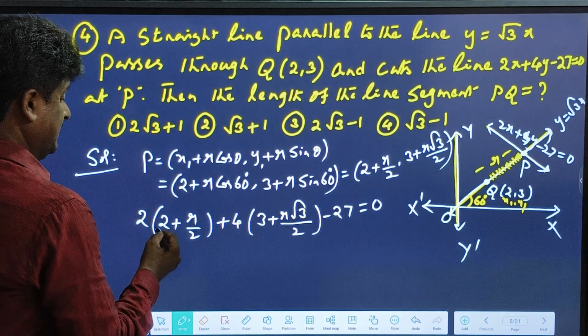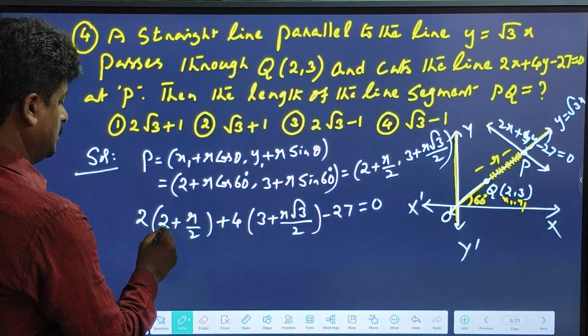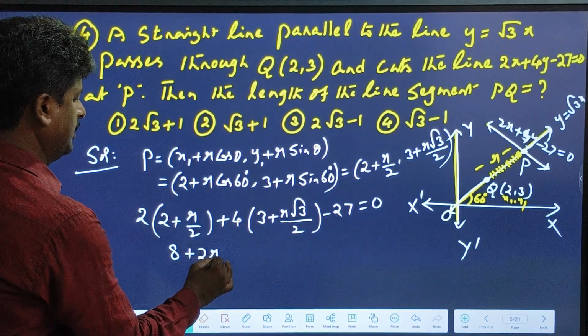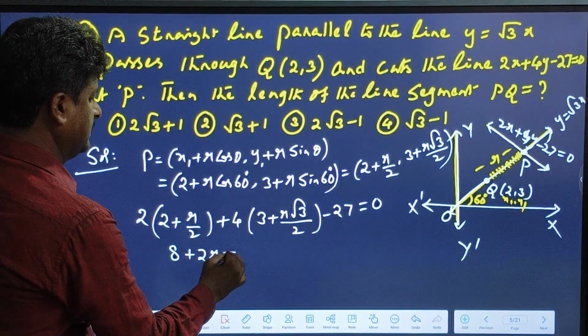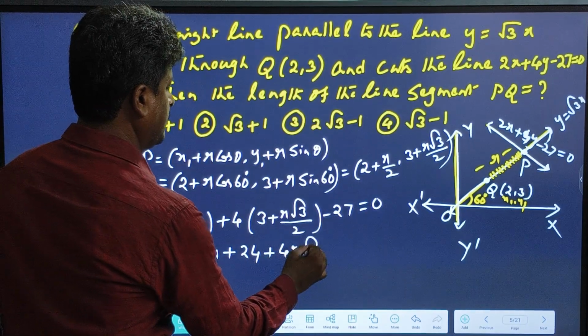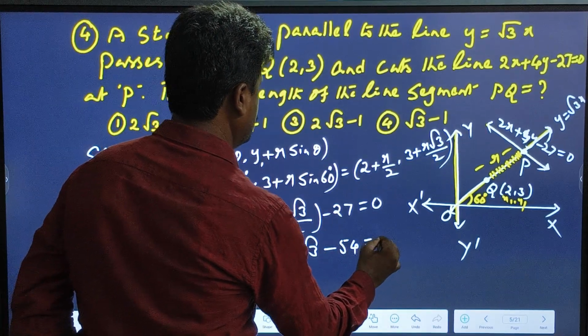Okay, LCM is 2. 2 into 2, 4 into 2, 8 plus 2r. 2 into 3, 6 into 4, 24 plus 4r root 3, minus 54 equals 0.